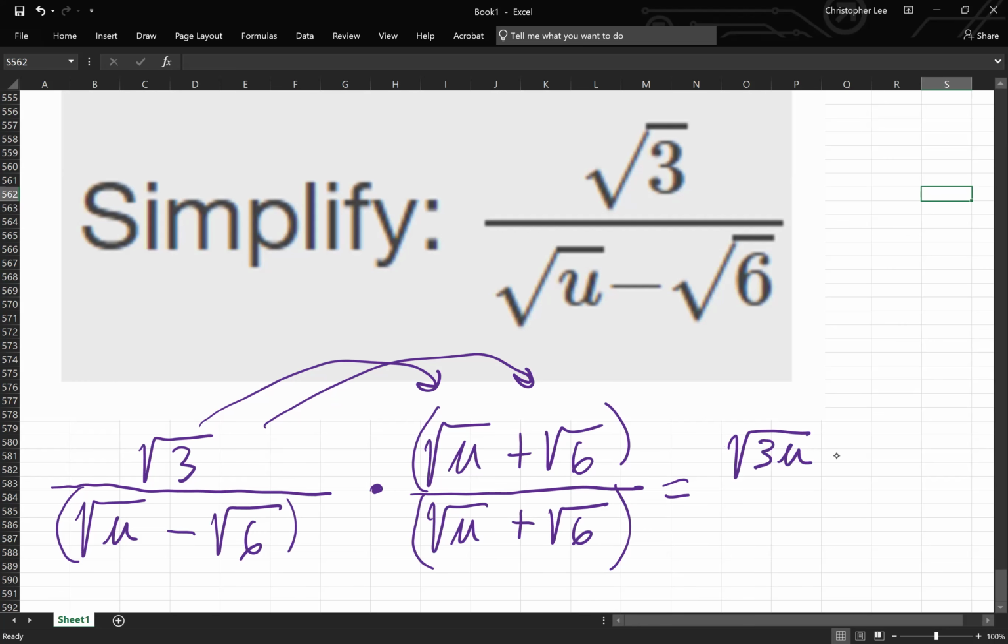Plus, what's square root 3 times square root 6? Not square root 9. Square root 18. I'm gonna come back to that though. All right. Let's do the bottom. Square root u times square root u is what?